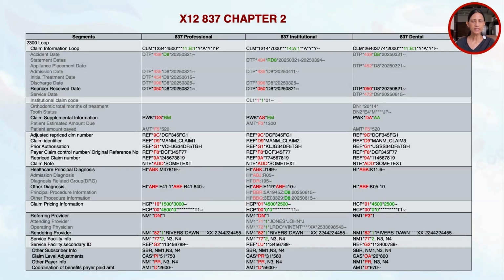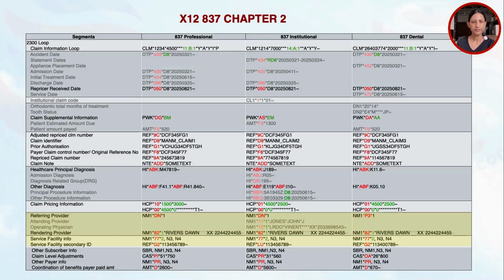Some repricing companies return allowed amount equal to billed charge, as I've shown here in the 837P example. Or some repricing companies also return allowed and savings as 0, as I've shown in the 837I and the 837D example, because no repricing has happened. And in such cases where no repricing happens, HCP13 carries the rejection reason code.